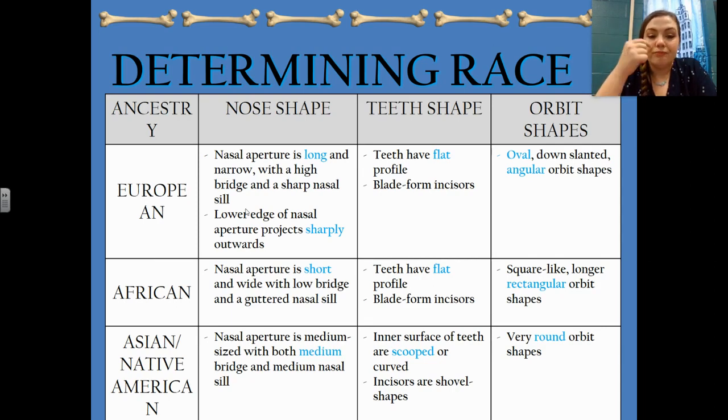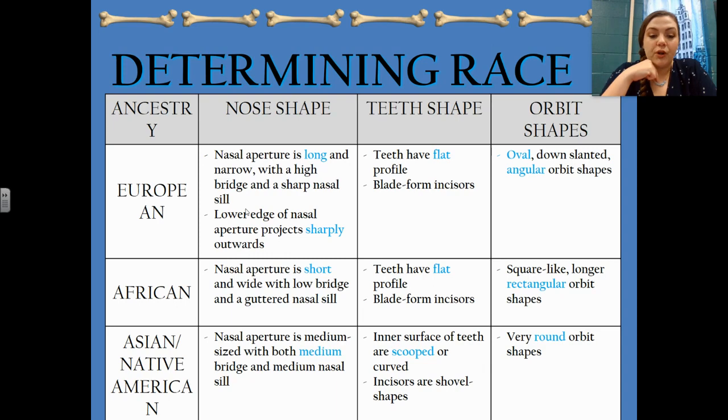And the actual hole, the nasal aperture, where our nose is, because this is not bone, this is cartilage, so on a skull it's just a hole where our cartilage would sit on top of it, is longer and more narrow. The lower edge of the nasal aperture projects sharply outward, so this little sill sticks out further.